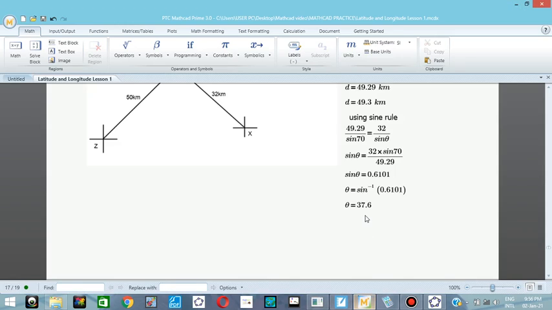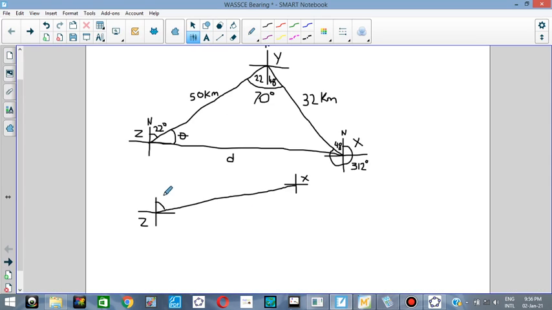Let me check it again. 37.6 plus 22, we got 59.6. So this angle here is 59.6. If this is 59.6, then what will now be this bearing? This is what the question says we should calculate. So this is 180 plus what?